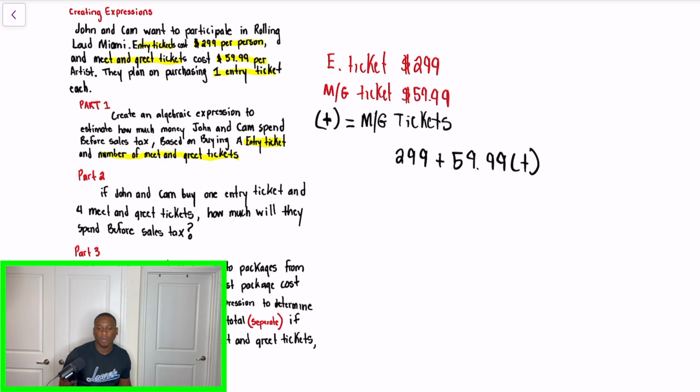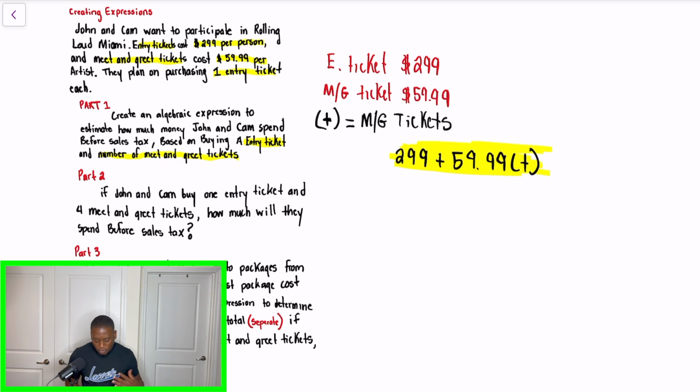What we're saying is they're both going to pay their entry ticket, which is $299, and then they're going to pay $59.99 based on the number of meet and greet tickets. This is our part 1 answer. We created the expression. Now let's go on to part 2.